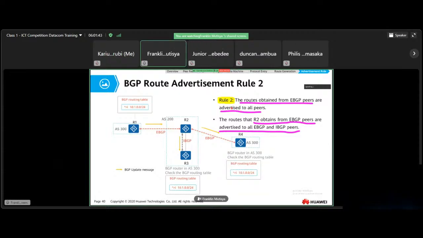So the second rule was routes obtained from EBGP. EBGP is external, right? So when you get EBGP routes, they will be forwarded to all peers, including other BGP peers. So the route that router 2, for example, obtains from EBGP peers. For example, you have an EBGP peer router 4, which is on AS 300, and you have another EBGP peer on this side.